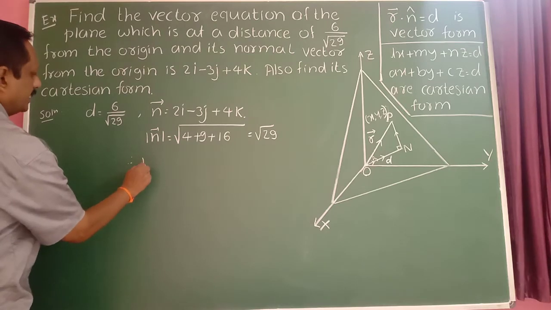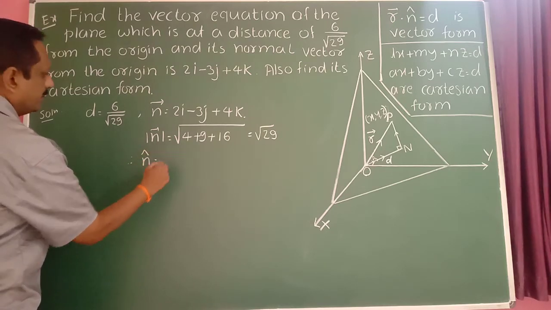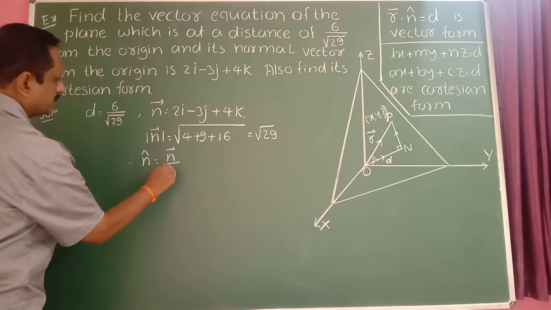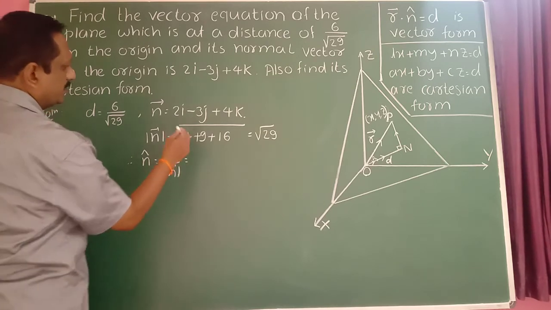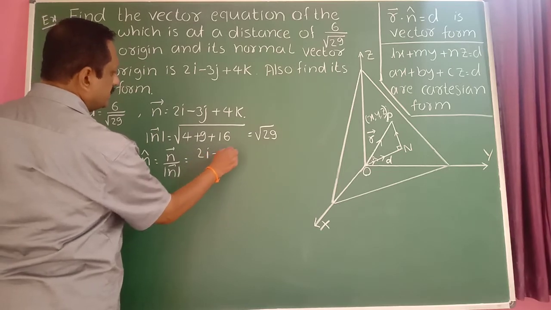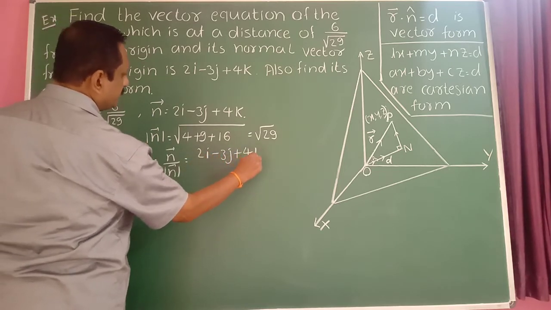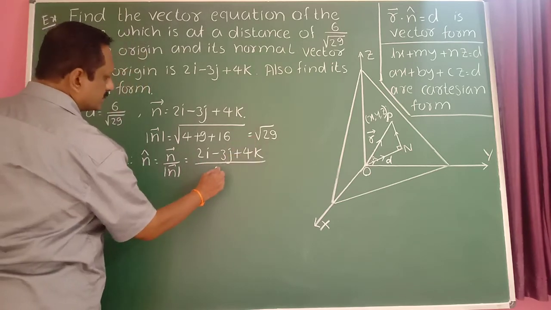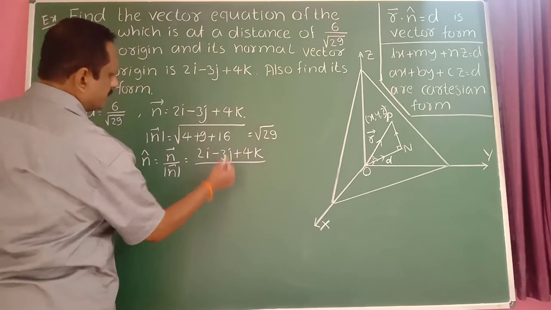Therefore n cap is equal to n bar divided by modulus of n bar. n bar is this vector, so 2i minus 3j plus 4k divided by root of 29.